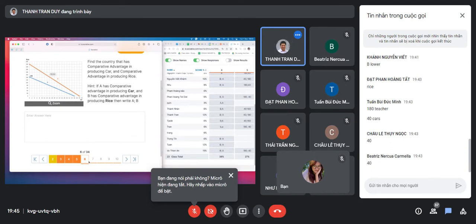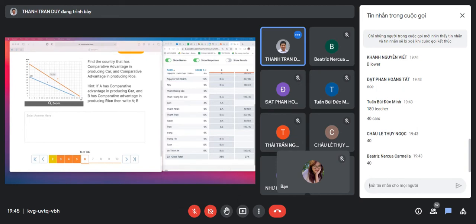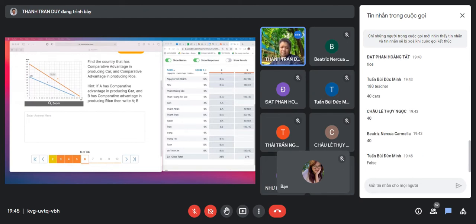Country A has absolute advantage in both products. True or false? False. Right, false.